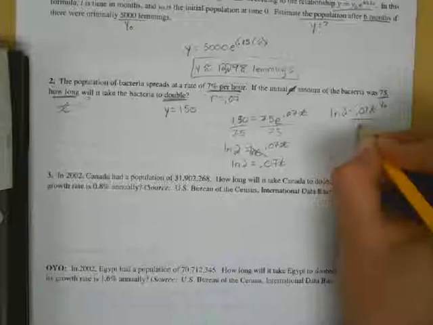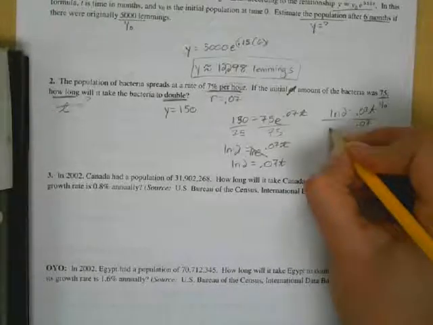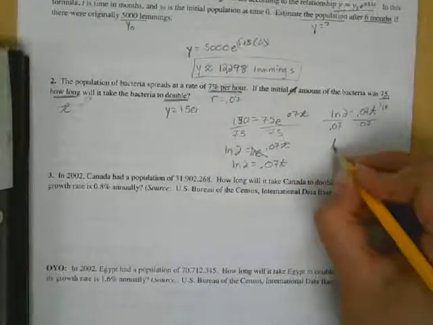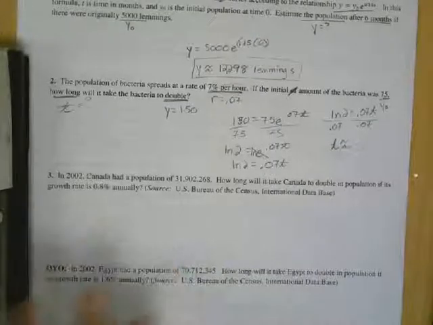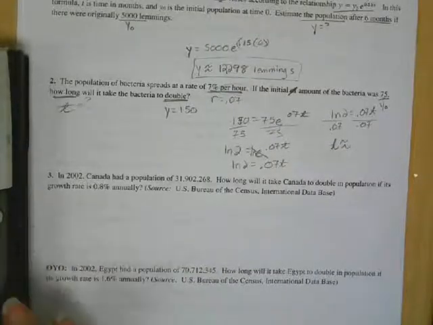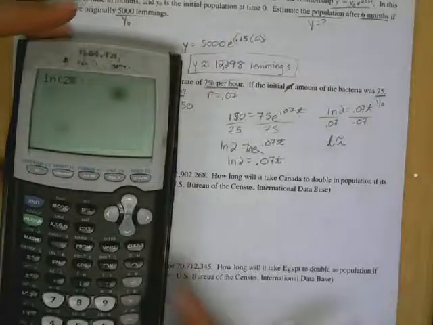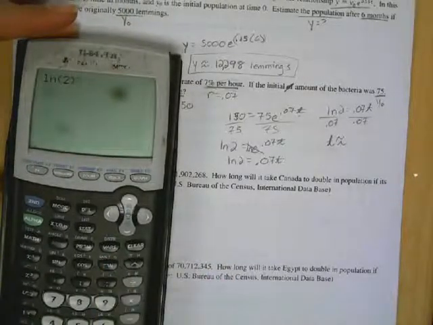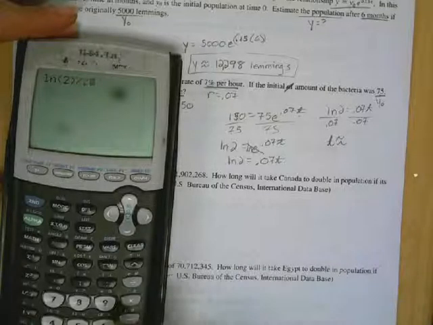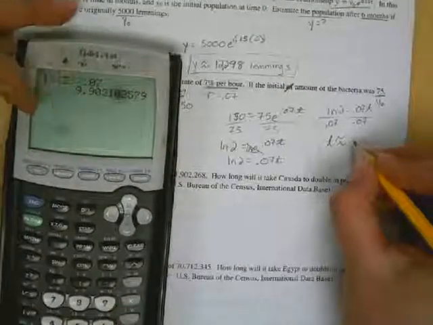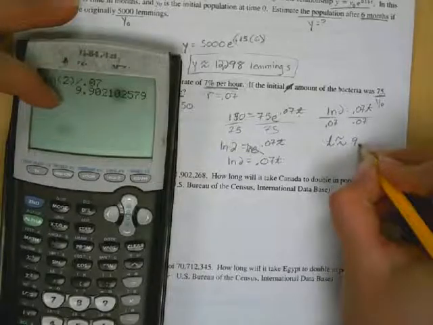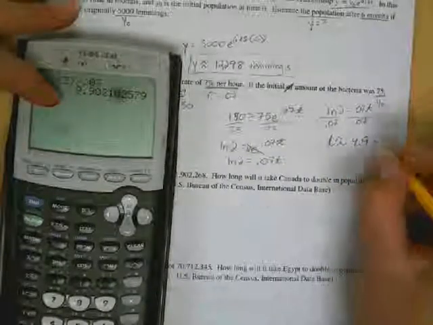Divide by 0.07 on both sides, and I get T is approximately, natural log of 2, close parentheses, divided by 0.07 gives me approximately 9.9. We'll go to 2 decimal points again.